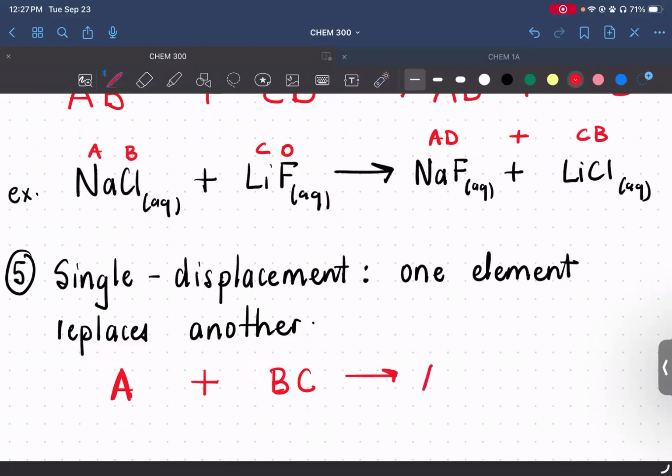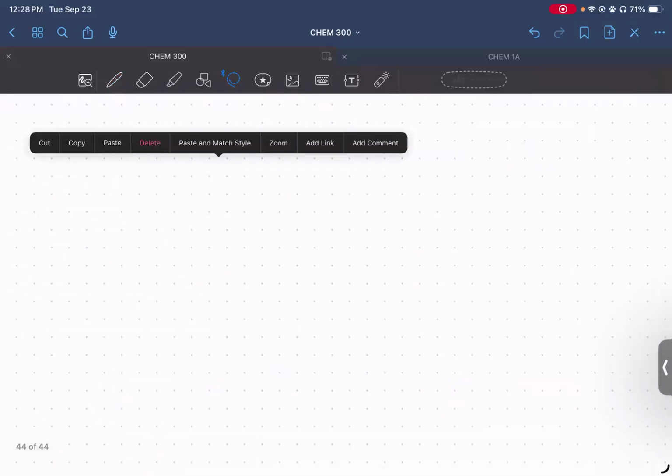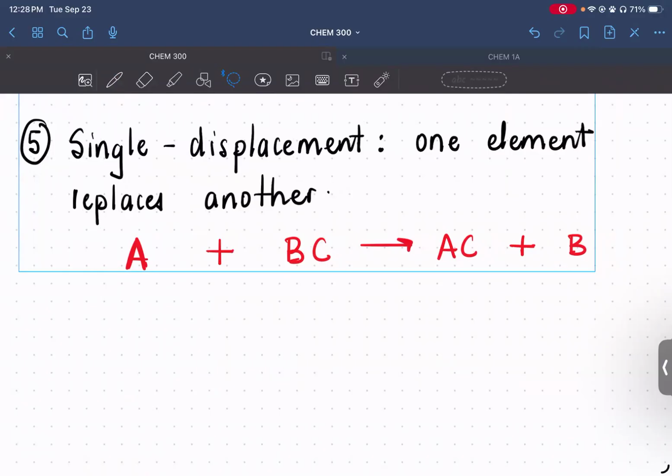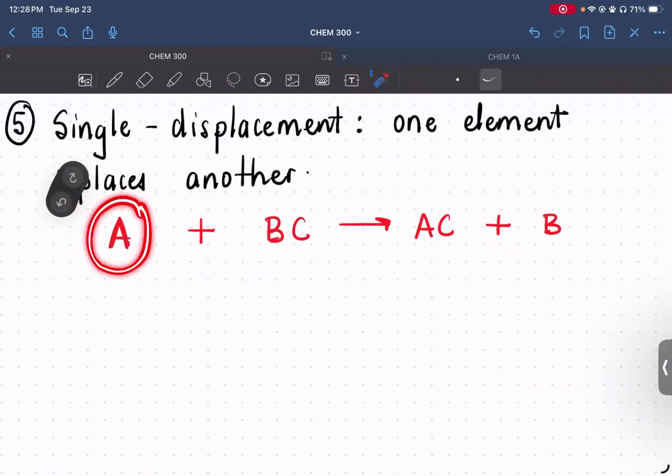This results in AC plus B. As we can see, the single element A replaces B.